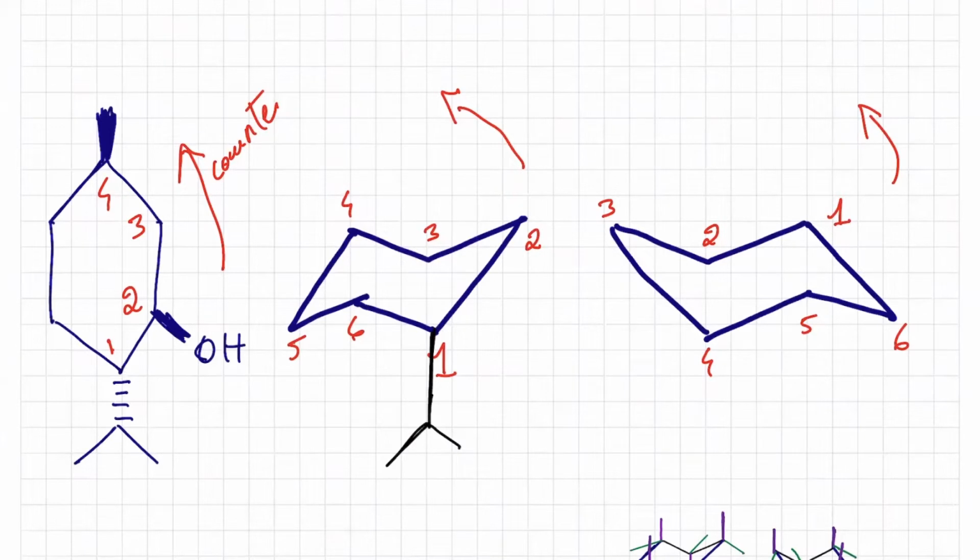Okay? All right, at position 2, there's an OH group that should be pointing up. As a matter of fact, I even like to write up or down here. This is down. Let's do this real quick. This is down here. This OH group is up. This one is up. Okay. So at position 2, according to my numbering, where my position 2 will be, it should be pointing up.